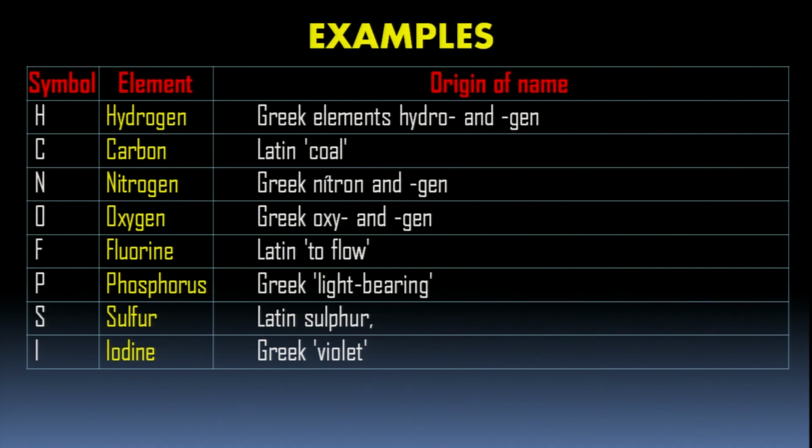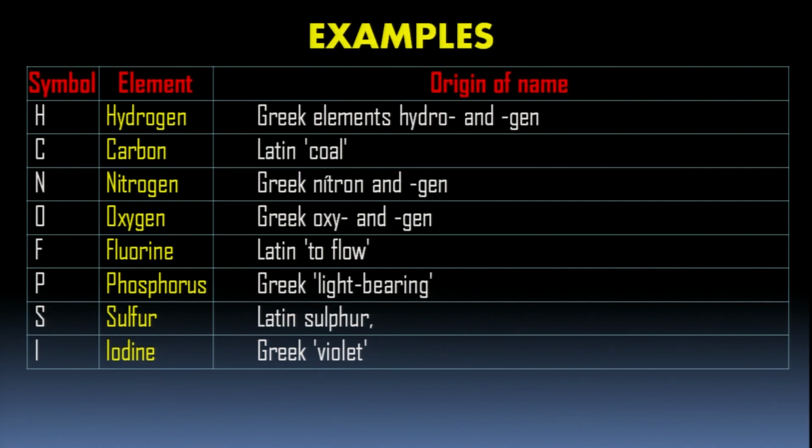In Latin, it means coal. N for nitrogen, a Greek word. O for oxygen, also a Greek word. Gen means forming. Hydro is water, so hydrogen is water forming.